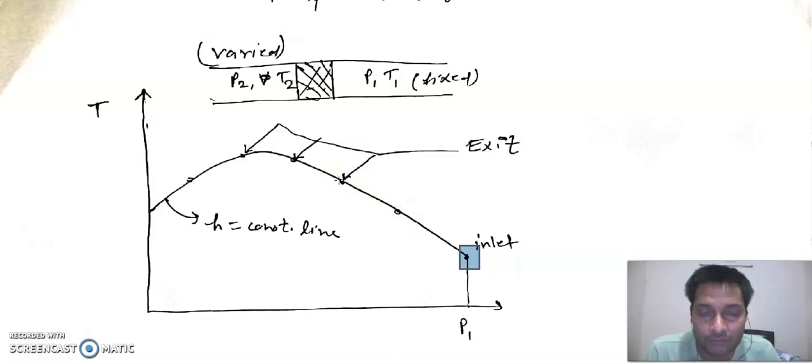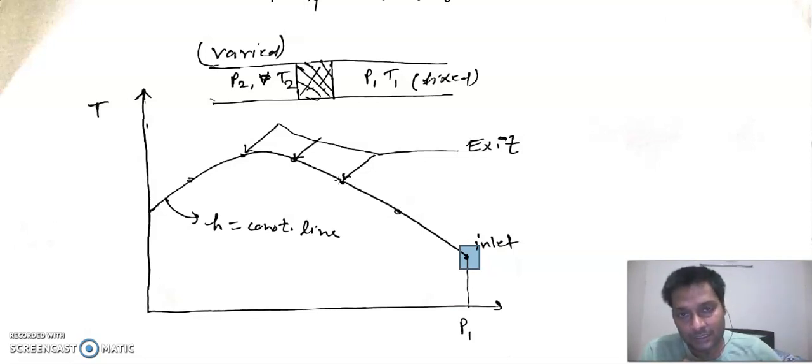Now the inlet temperature and pressure is fixed at P1 and T1, but the exit temperature and pressure will vary depending upon the size of the throttling device. If we change the size of this throttling device, then the exit temperature and pressure will also change.